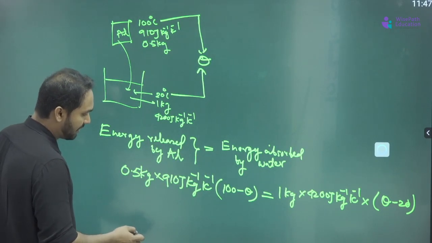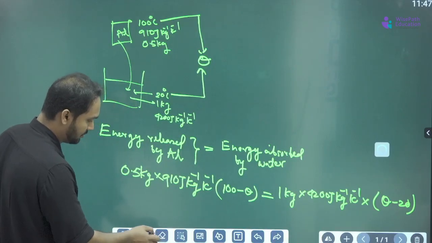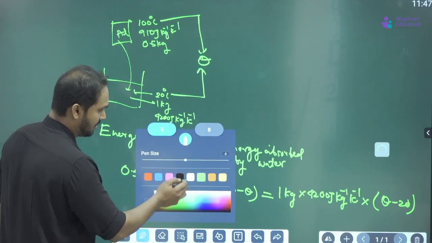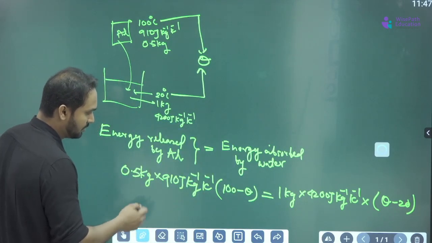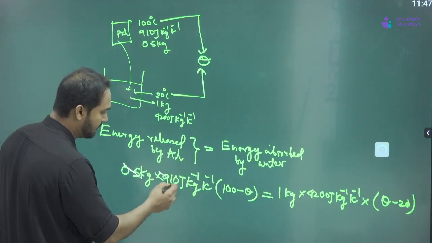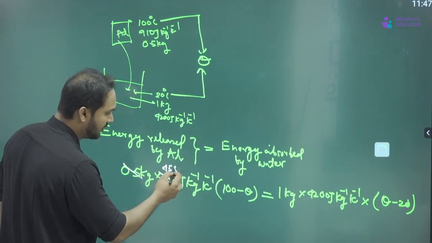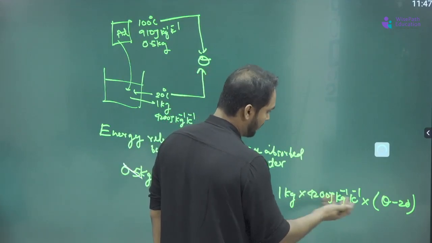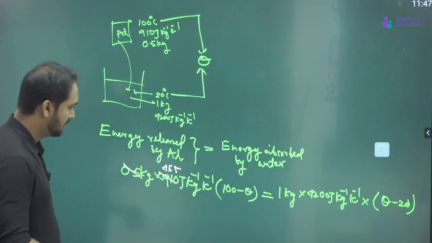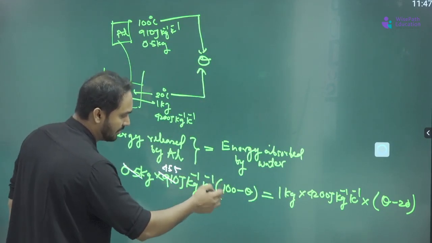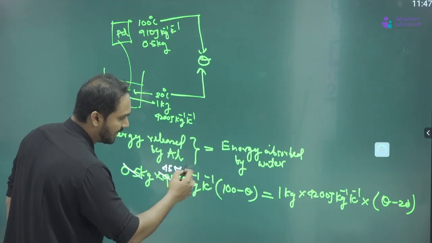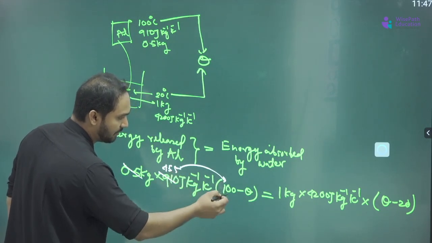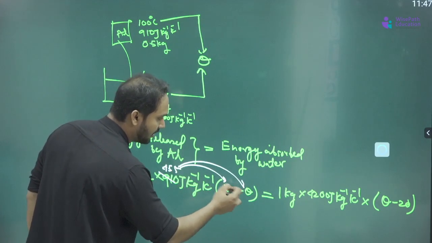Now 0.5 into 910 will be half of it, that is 455, right? And this you multiply by 1, nothing happens. Come back to this, you're going to simplify the brackets. You have to multiply this twice, right? Multiply it by 100, then multiply it by theta.